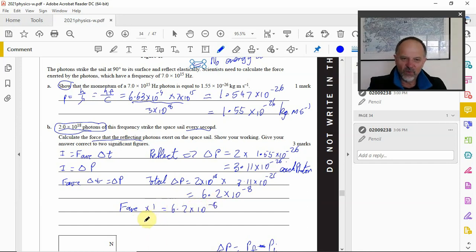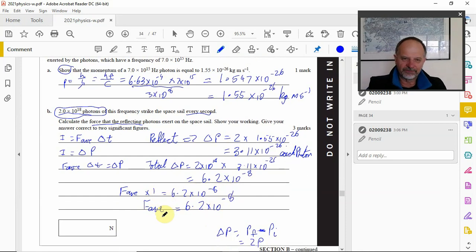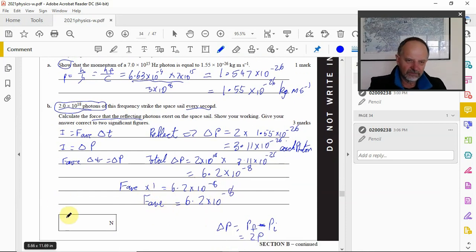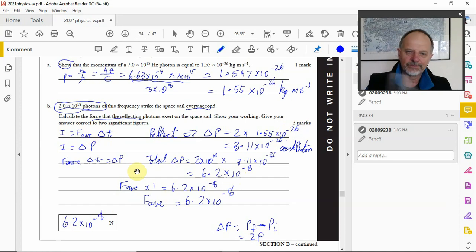So my average force then is 6.2 by 10 to the minus 8 Newton. And there it is. All right, so you're asked to calculate, asked to show your working, 2 figures in our answer. All right, so 3 marks, so there's a bit of stuff that you need to show if you're going to get your 3 marks.